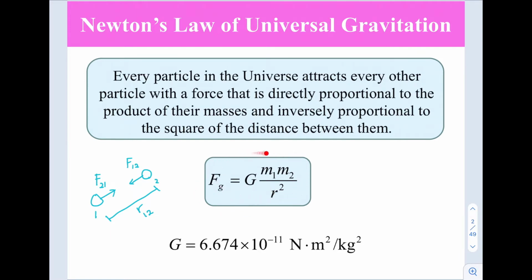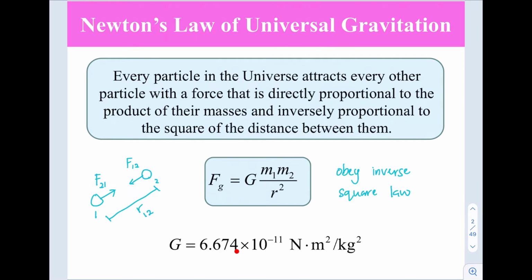Since it is inversely proportional to R squared, this law is also known as obeying the inverse square law. In physics, when you have a formula or law that has 1 over R squared, we know that this formula is obeying the inverse square law.